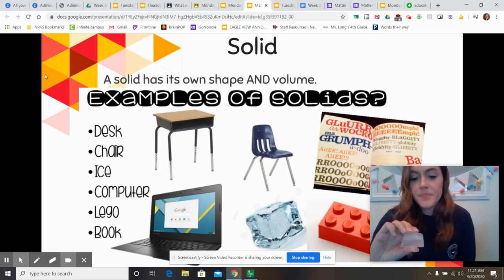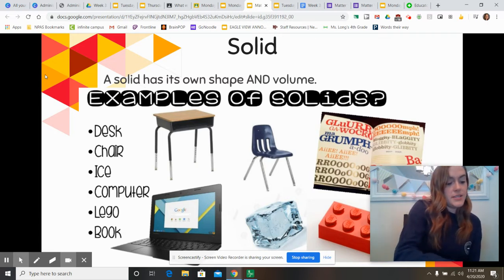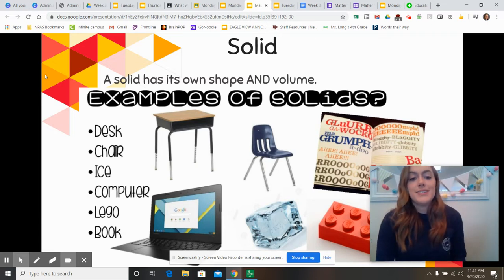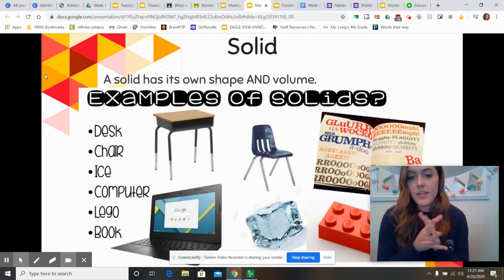How you know something is a solid is that the particles inside a solid are very tightly packed together. That's why they create that shape and they don't change their shape.